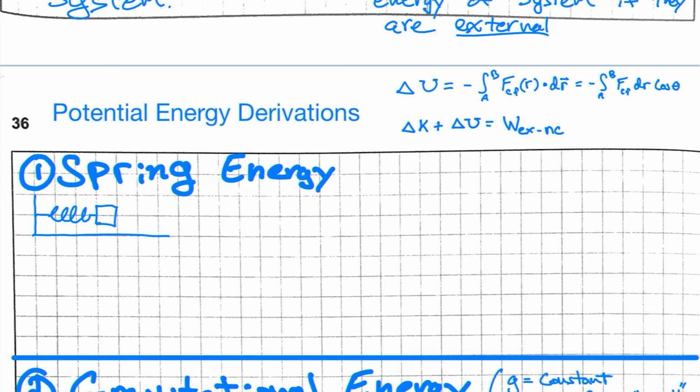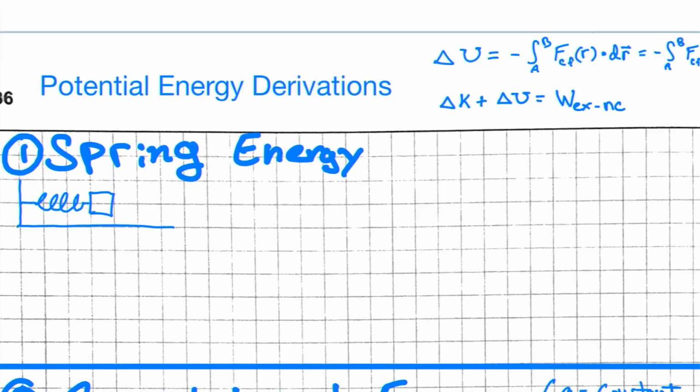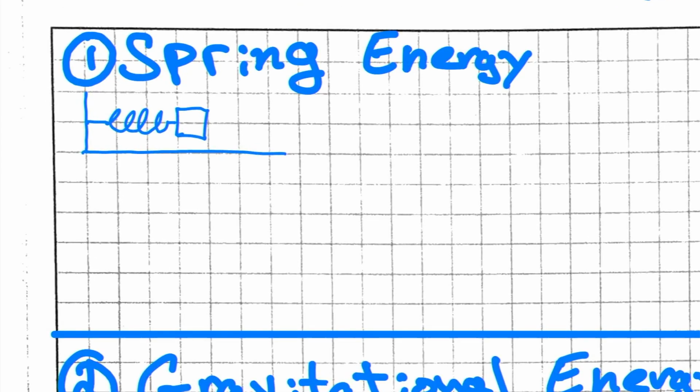So for spring energy, here's what we're going to start with. We start with a spring attached to a wall, and we define this location as x equals 0. This is going to be state A, and our spring is unstretched.